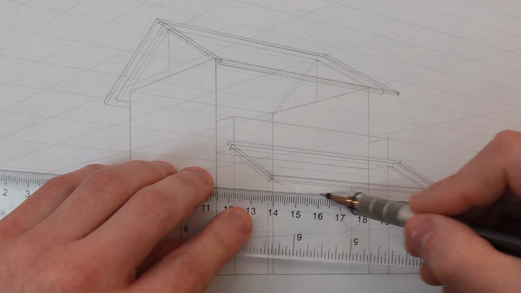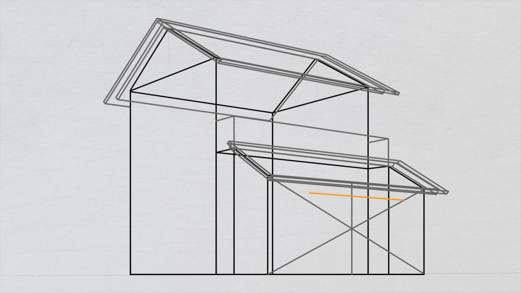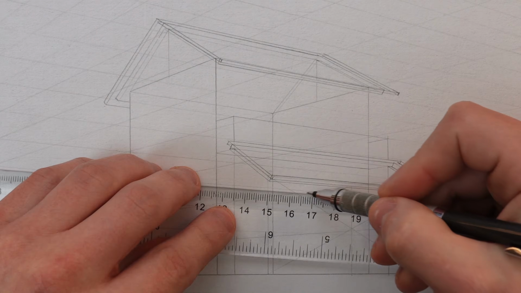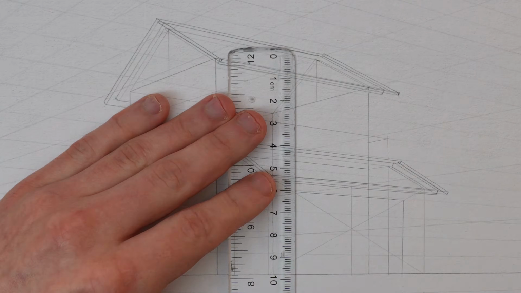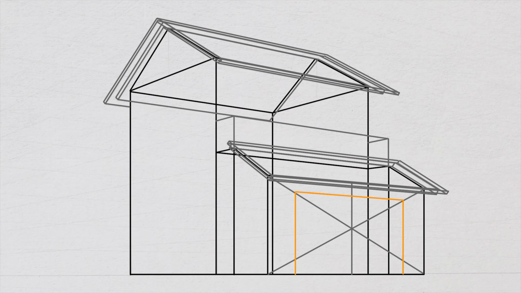Across the top, if I extend a line along here, it will eventually meet one of those diagonal lines, and where it does will be where I can drop down another line. If I extend this one so that it meets this diagonal line at this side also, then I can drop down a line at this side as well. And then I've centrally positioned what will be the door over an opening at the front of this building.